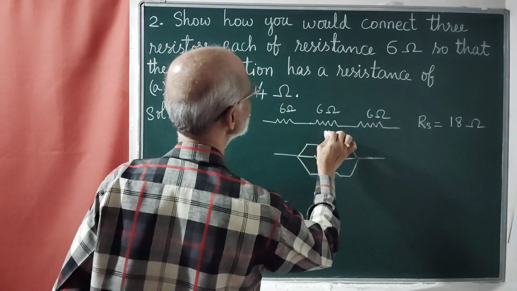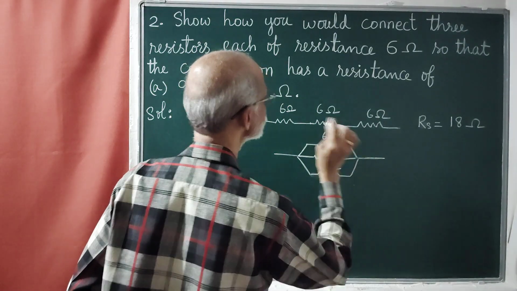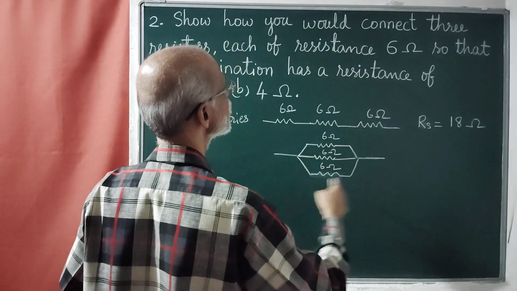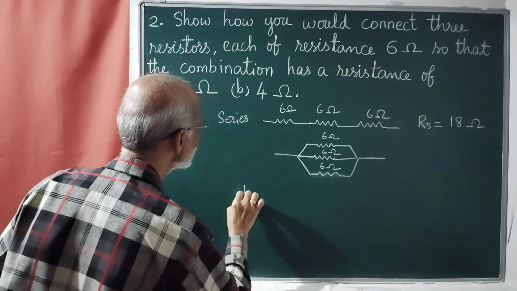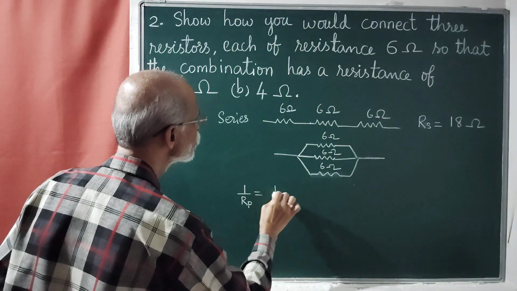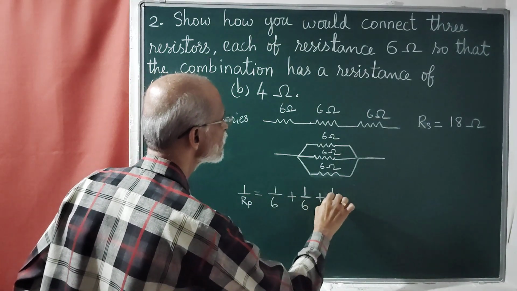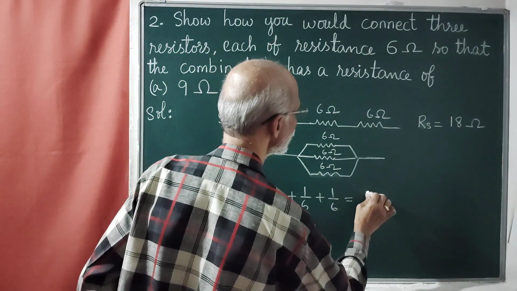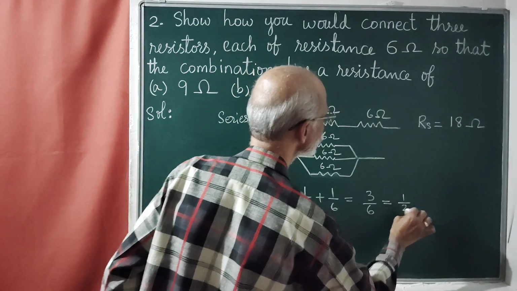If you put them in parallel, 6 ohms, 6 ohms and 6 ohms, the total resistance, that is Rp, will be equal to 1 by 6 plus 1 by 6 plus 1 by 6, which is 3 by 6, that's equal to 1 by 2.